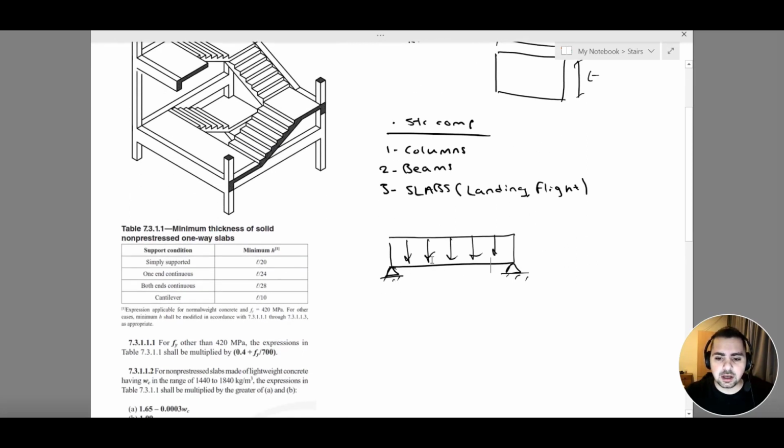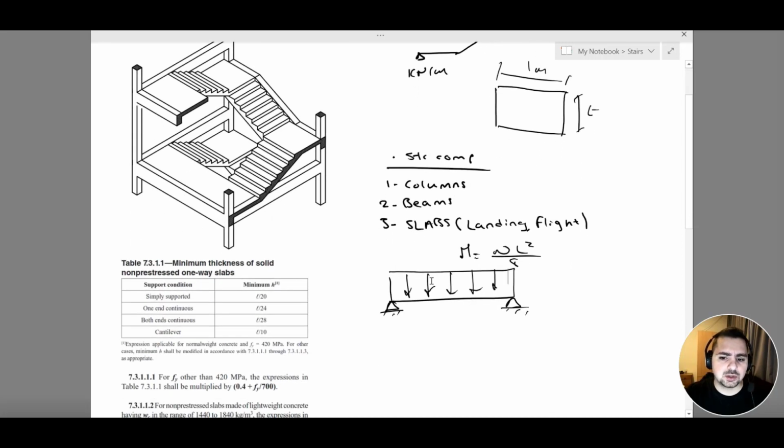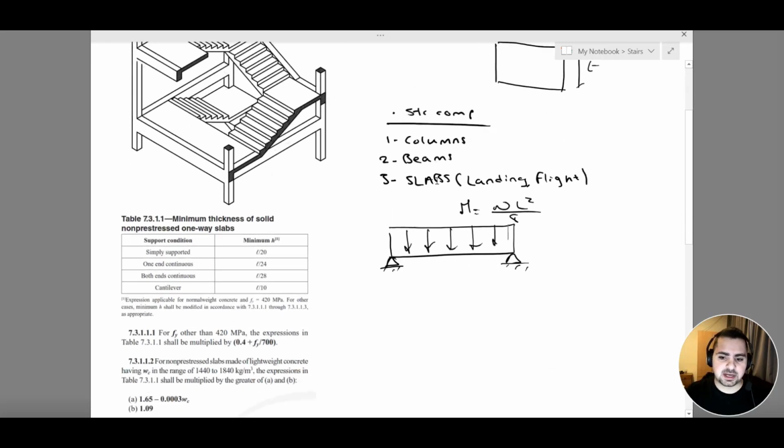In addition to that, the moment here is going to be WL squared over 8, not 2. Using this moment, we can find our bending moment diagram, and we can find the reinforcement required within my beam and the max moment location within my staircase, which is usually along mid span.